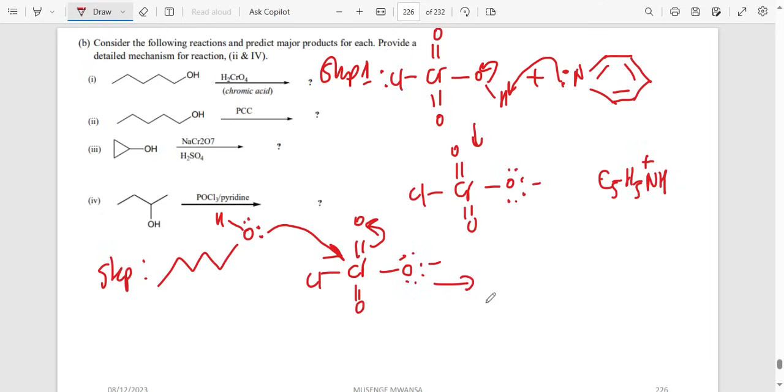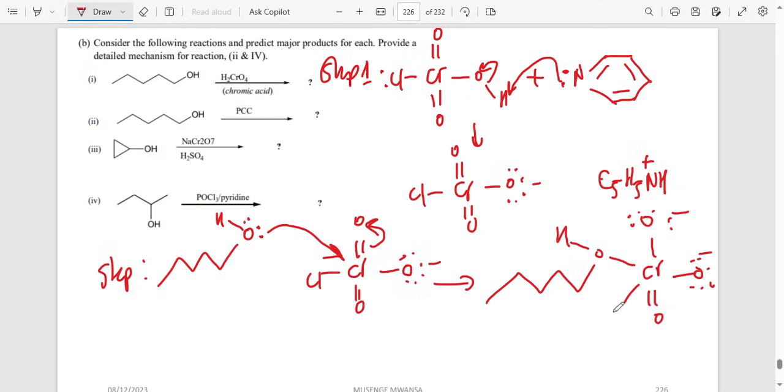So this will be a single bond here, and it's going to be negatively charged. Also, this one here is negatively charged, and then this one is a double bond. We also have a chlorine. Who can predict what is going to happen next?